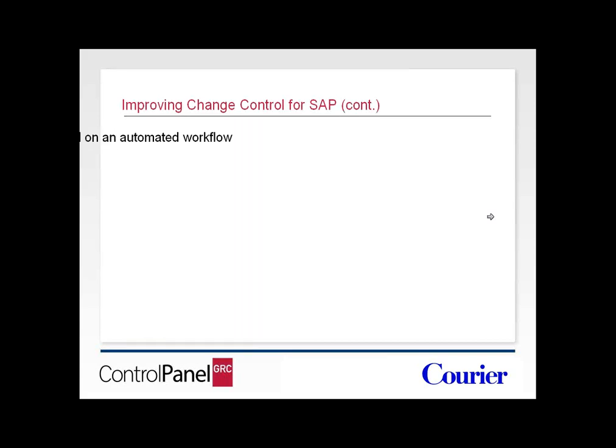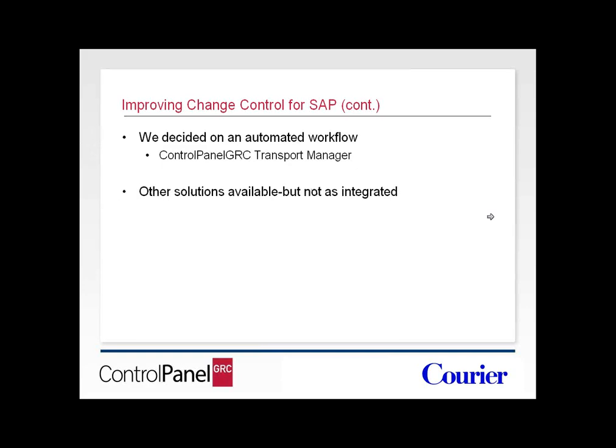So we decided that we really needed to address this problem, both from the SOX compliance issue and for our own productivity. We decided to go with an automated workflow, and as you can tell, since I'm here, we decided on the ControlPanelGRC transport management system. There are other solutions available, but this one was nicely integrated.